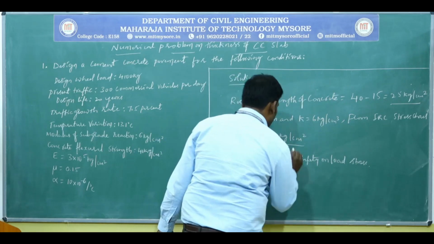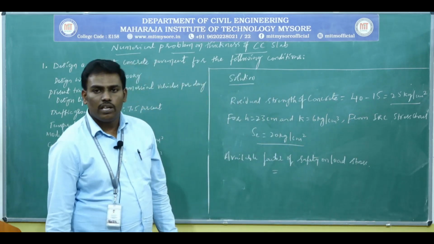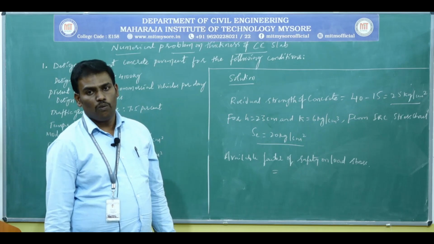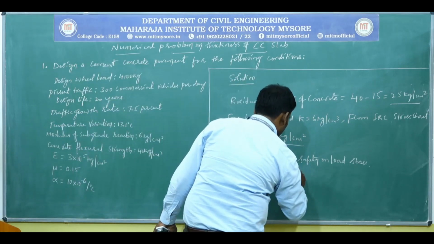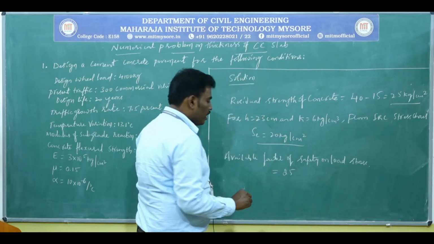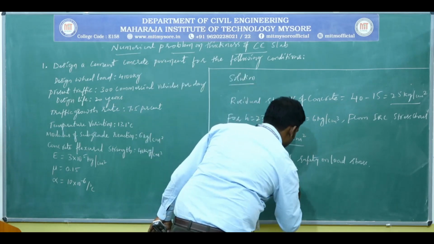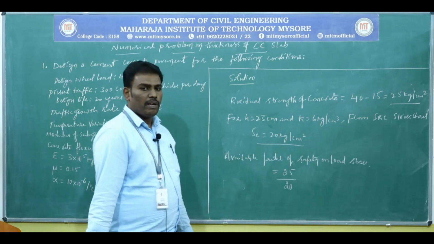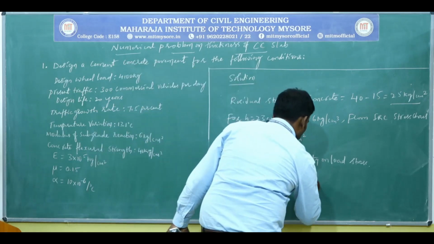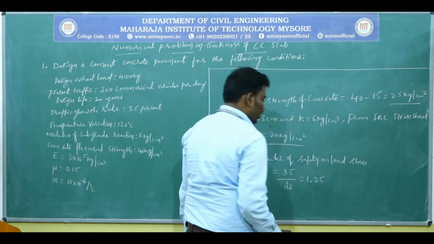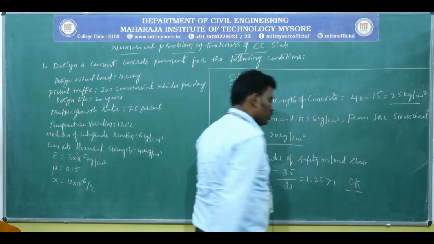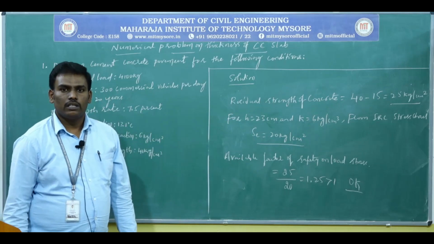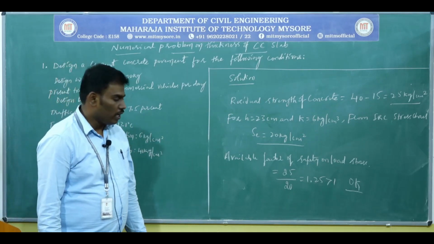That is equal to the ratio of residual strength of concrete and wheel load stress. The residual strength of concrete is 25 kg per centimeter square and the wheel load stress is 20. 25 divided by 20, you get about 1.25. It is more than 1, then the selected thickness is okay.